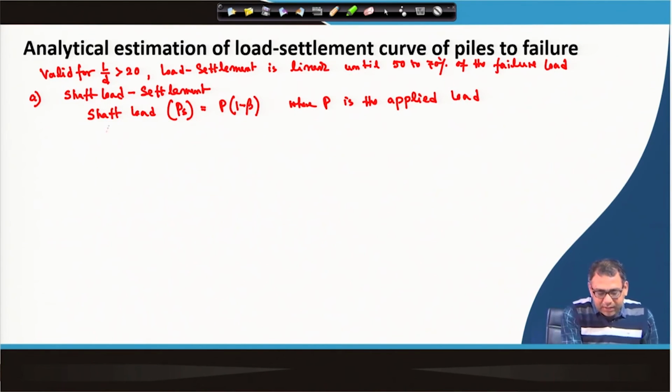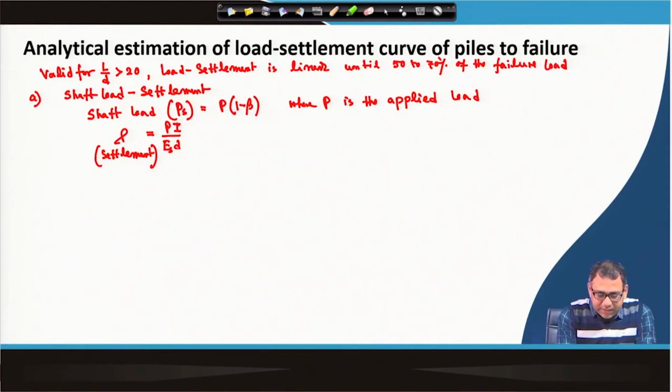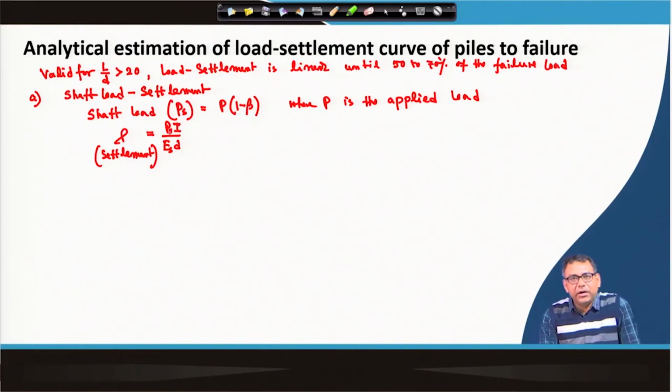Because we have already discussed, the settlement will be equal to P I by Es d. Here, in place of P we are writing Ps because we want to determine the settlement due to the shaft load only. Okay.